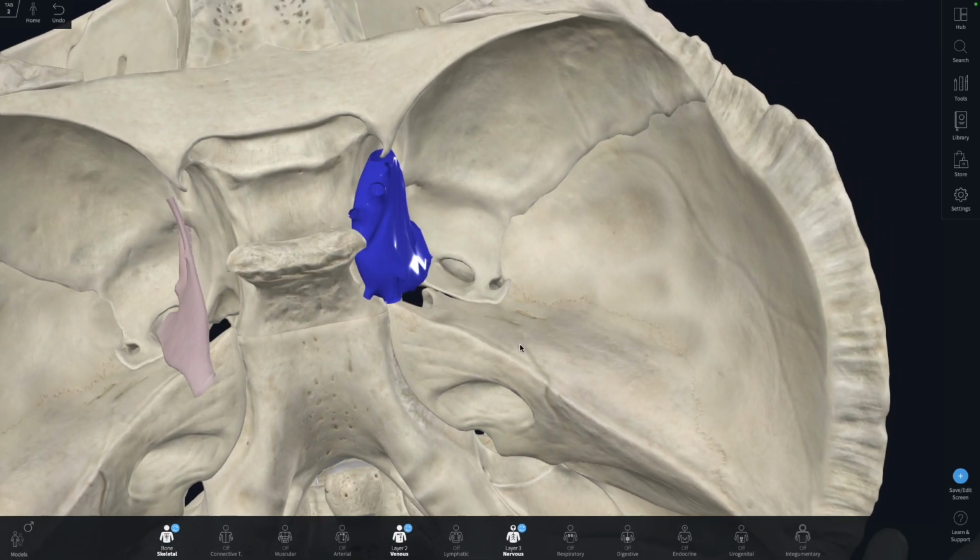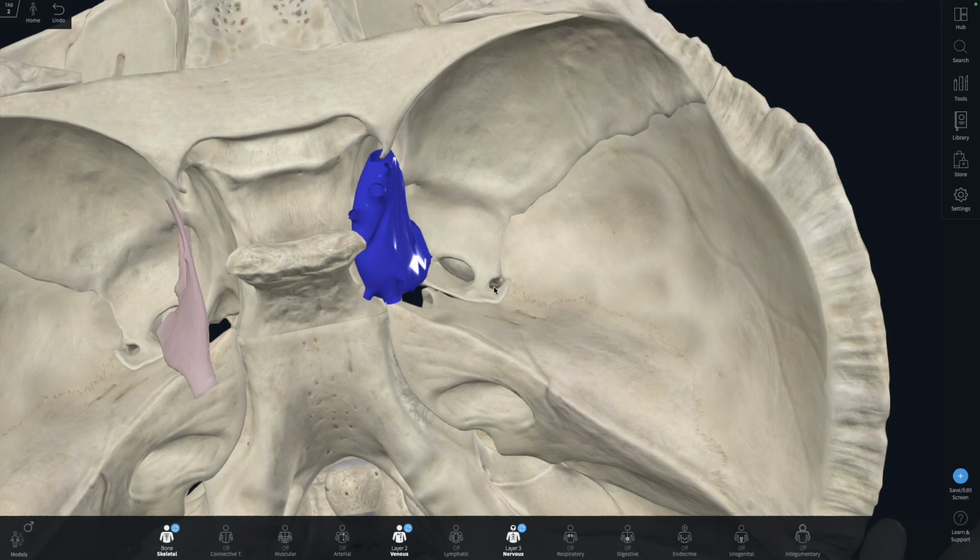Next we have the foramen spinosum, which is just lateral to foramen ovale, and this is responsible for the transmission of middle meningeal artery and veins, which the middle meningeal artery comes off the maxillary artery, as well as the meningeal branch of cranial nerve 5, the trigeminal nerve, the mandibular division.